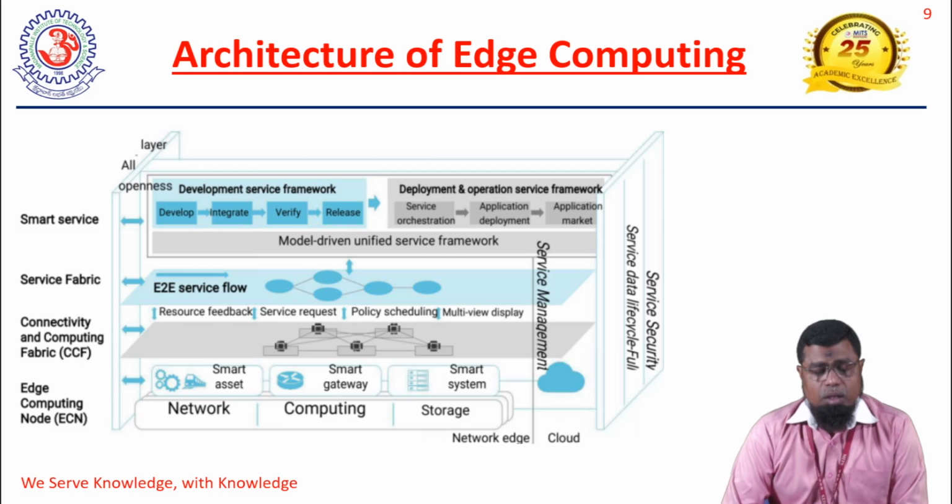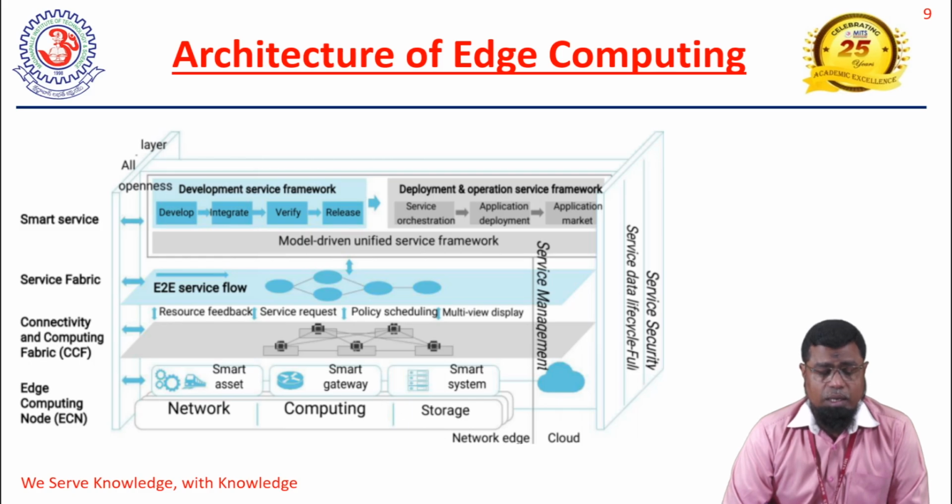In the development service framework, the first step is to develop, then we need to integrate, then verify it, and finally we have to deploy or release it. These are the steps involved in the development service framework.